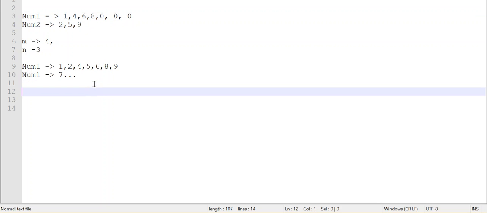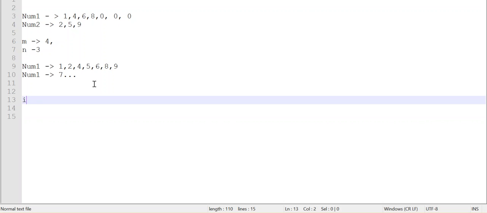So what we can do is iterate from behind. We can iterate from the rear of nums1 and nums2 and compare the values between the two. Whichever is higher, I'm going to put into the updated array.